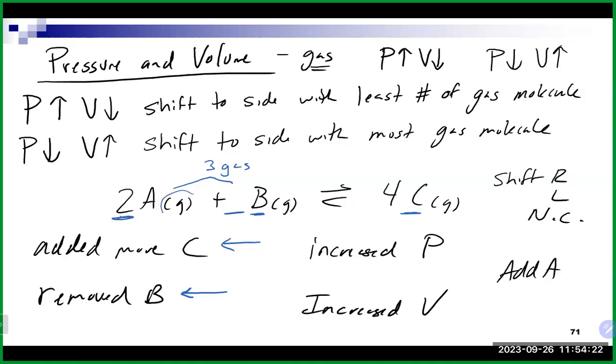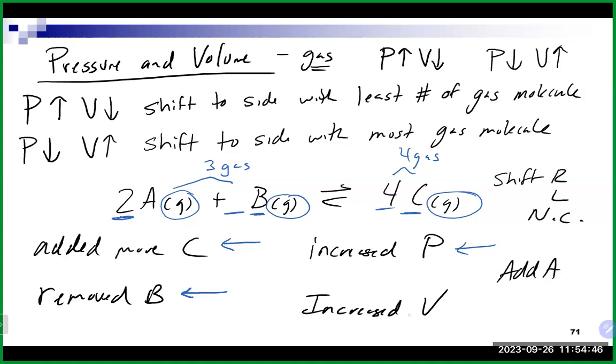Anything that has a G next to it. And over here, that's a gas, and there's a 4, so that has 4 gas molecules. So in this particular case, it would shift to the left as well. Any questions on that? Again, in a smaller volume, we would need fewer gas molecules to bring the pressure back down, and there will be fewer collisions.